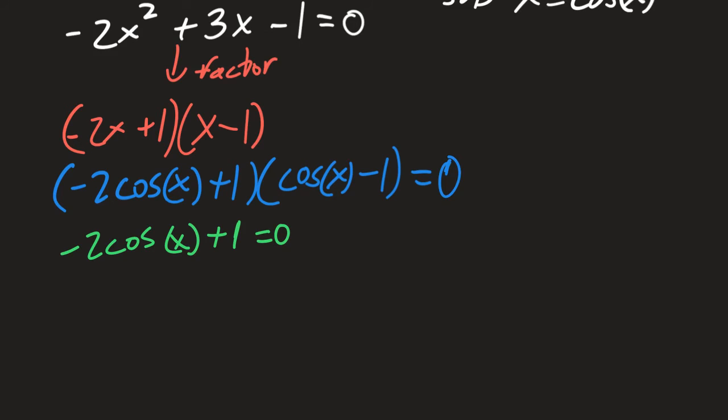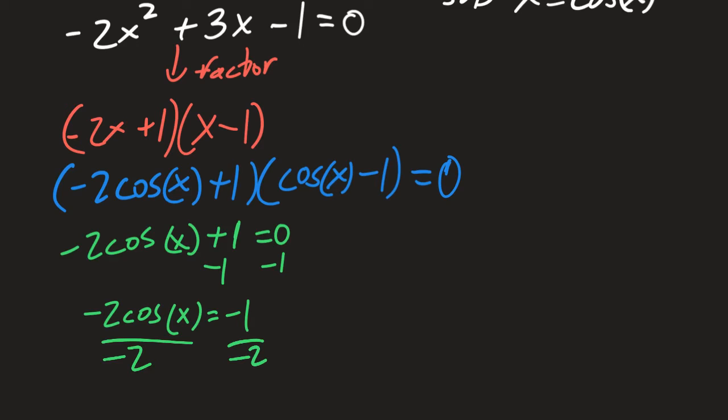And I'm going to start moving things around. Let's subtract 1. Negative 2 cosine x equals negative 1. Then we can divide each side by negative 2. And I'm going to get cosine x equals 1/2. Okay, the two negatives cancel each other out.